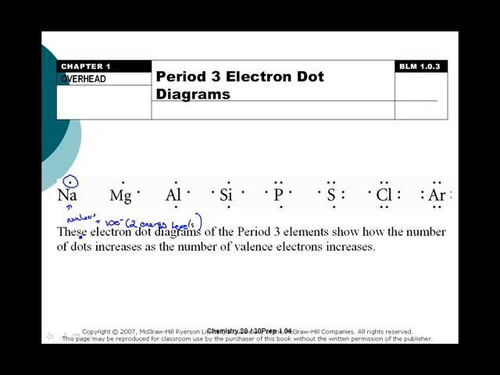And remember, the number of valence electrons is equal to the last digit of the group number.